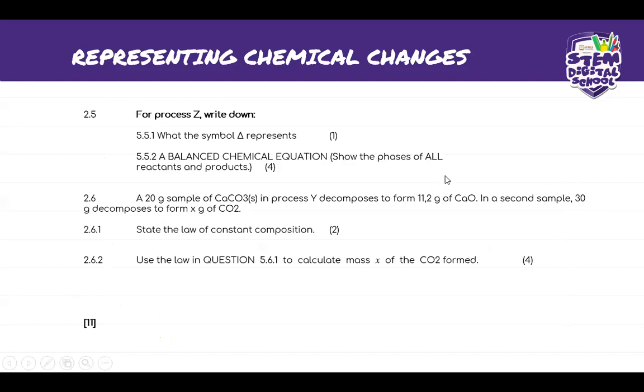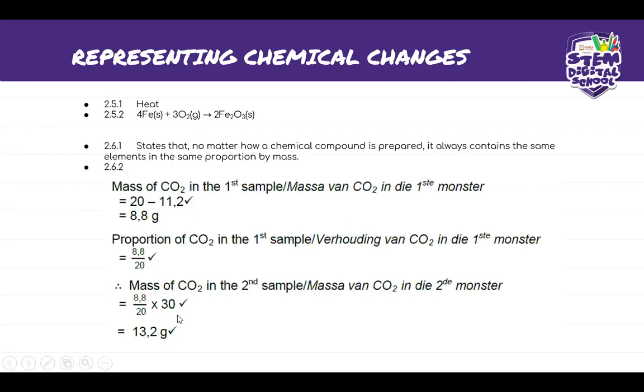Cross multiply, and you get x equals 8.8 divided by 20 times 30, which gives you 13.2. You guys understand how we got this one? Remember the ratio that we did earlier in the chapter?